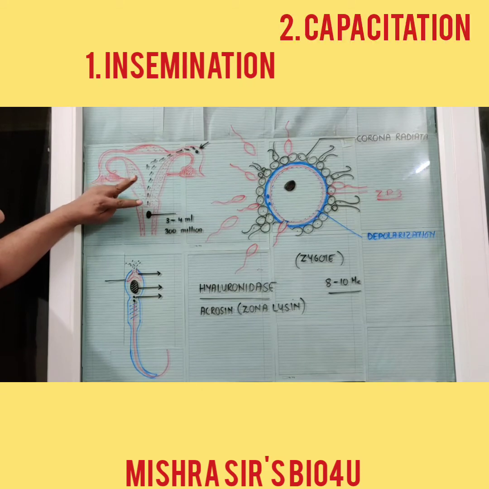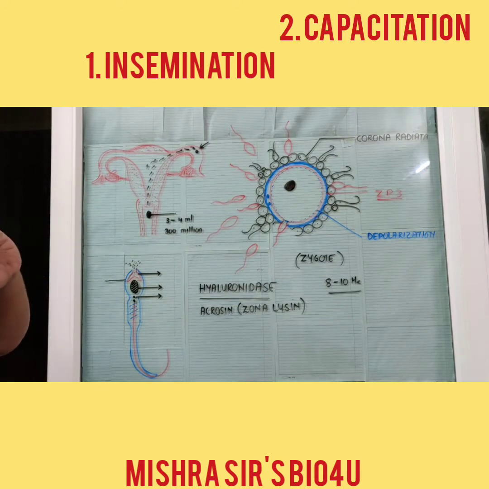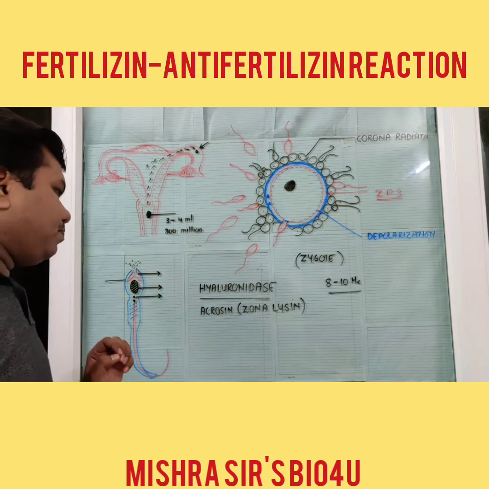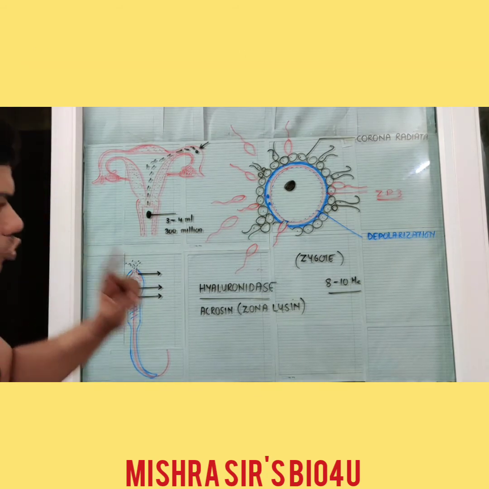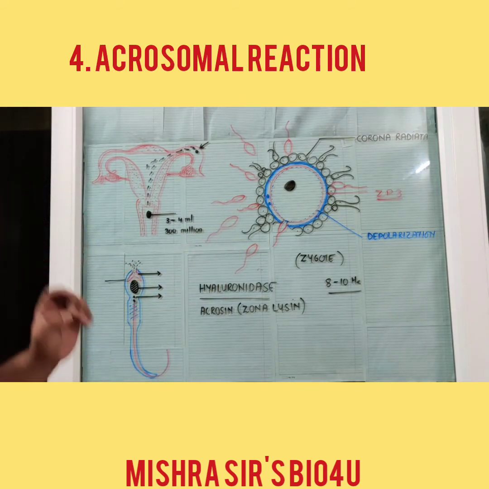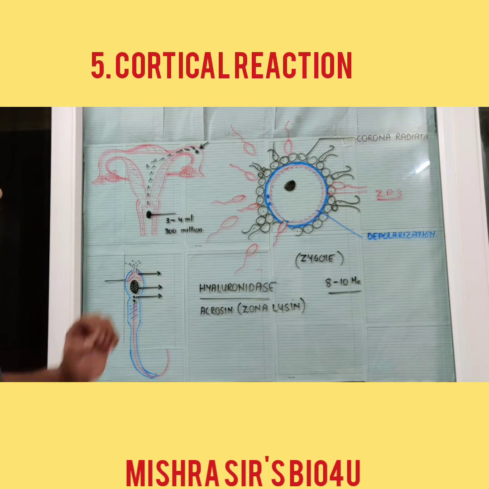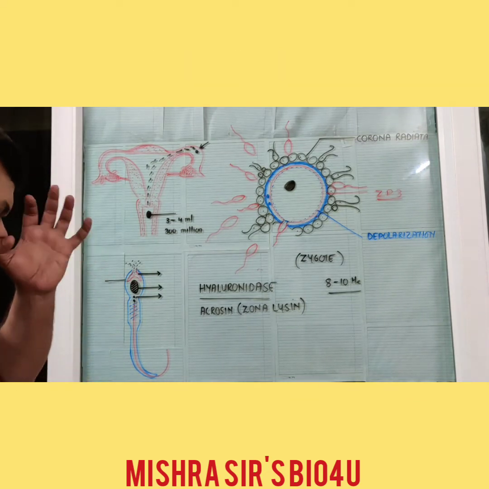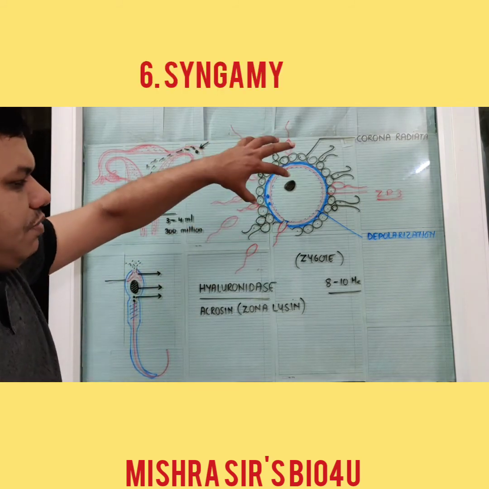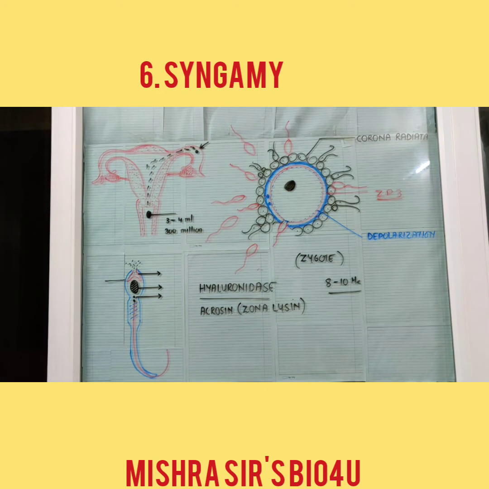Second step was capacitation. Third step was the fertilizin-antifertilizin reaction. Then there was the acrosomal reaction, due to which the sperm was able to penetrate. Next, after that there was the cortical reaction, whose major role was to prevent polyspermy. And finally there was syngamy, where male and female pronuclei fuse to form a diploid zygote. Clear? Thank you.